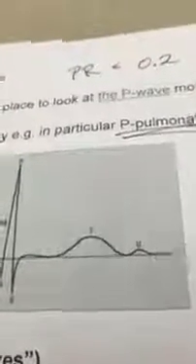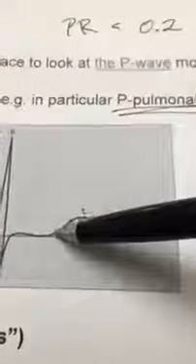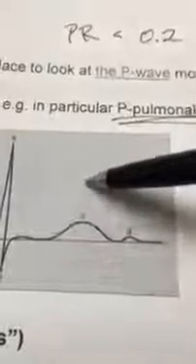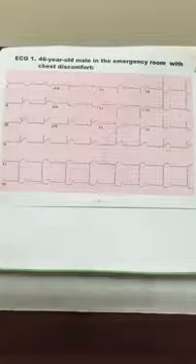Usually you will not have a U wave in a normal EKG, but a U wave can be indicative of hypokalemia. So that's something to remember. Also, if you have a higher amplitude T wave, a high peak T wave, that could be a sign of hyperkalemia. So T wave abnormalities and U wave abnormalities are important for potassium electrolyte abnormalities.